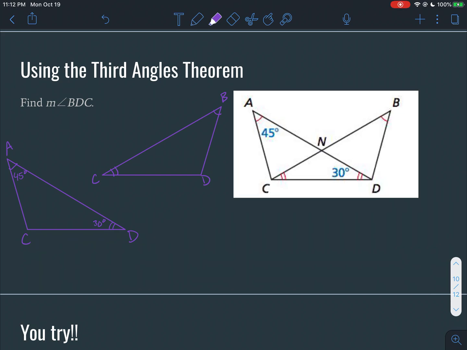Notice I'm not marking D on this one because the whole angle BDC is not marked. That's actually what we're looking for, angle BDC. Okay, so here we have one triangle where 2 angles are marked and the third one is not. And then here we have this where none of the angles are labeled with their measures.